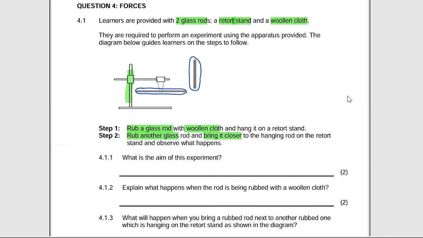So now we are asked about the aim of this experiment. We are trying to investigate static electricity.